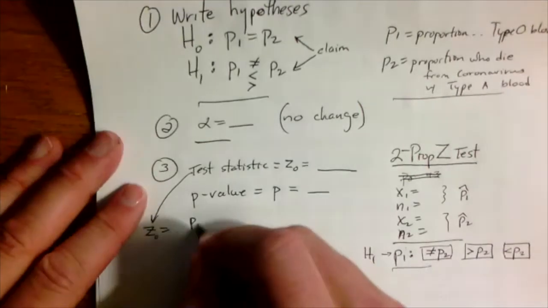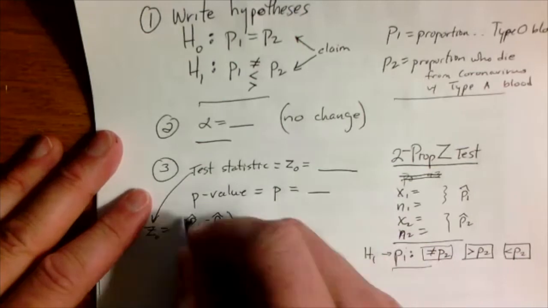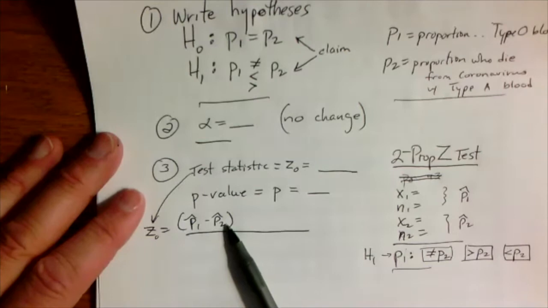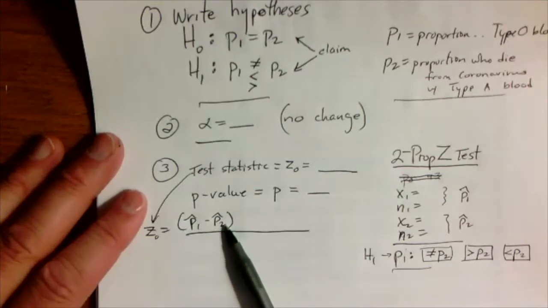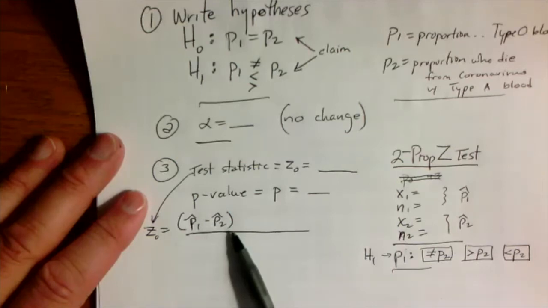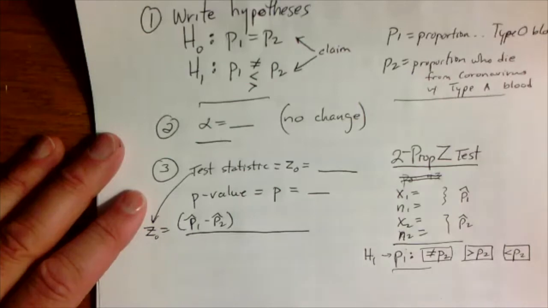All right, we're going to take P1 hat and subtract P2 hat. If there's a big difference between these two, then it's more likely that there's going to be a difference between the two population proportions. And a big difference up here would force the numerator to be big. And if the numerator is big, then it's going to make this overall fraction big. And if the overall fraction is big, like just think about a z-score of something big like 3 or 4, that means we're 3 or 4 standard deviations above the mean.